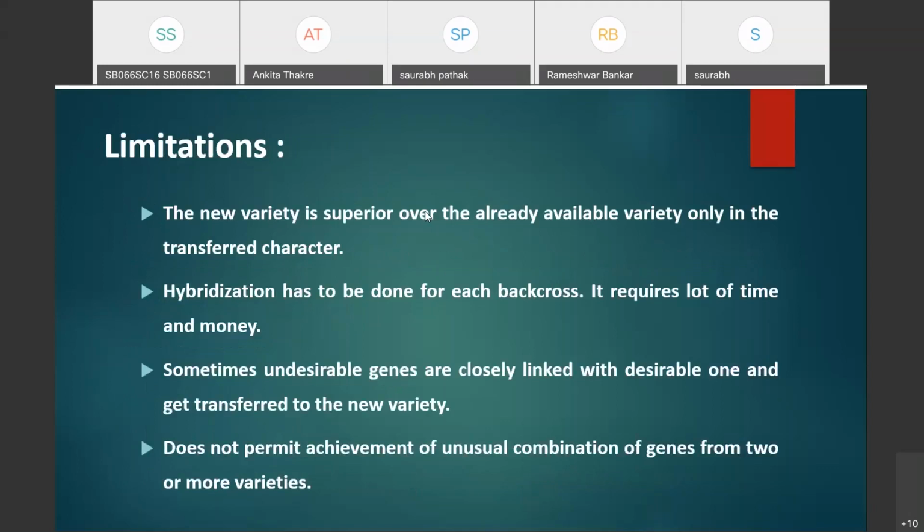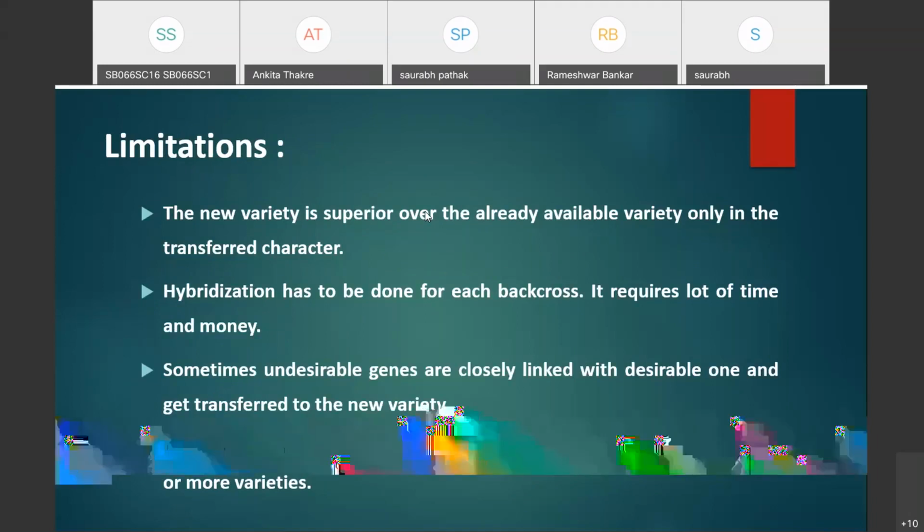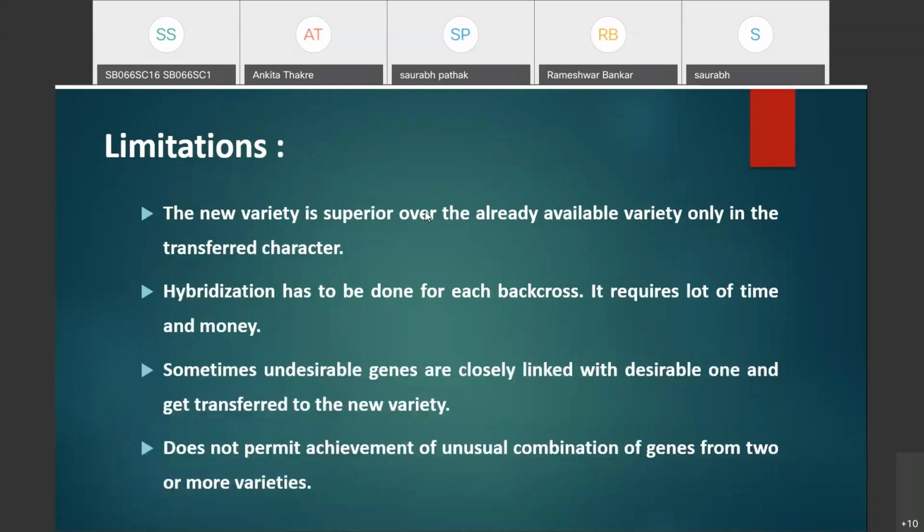Limitations: the new variety is superior over the already available variety only in the transferred character.